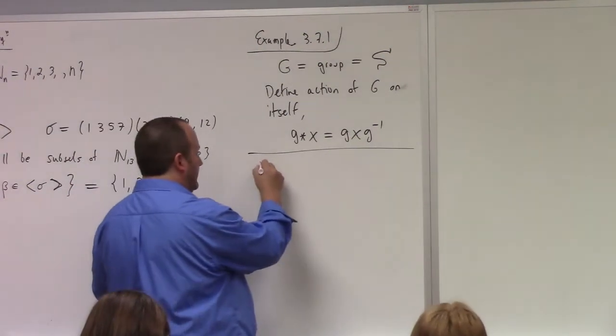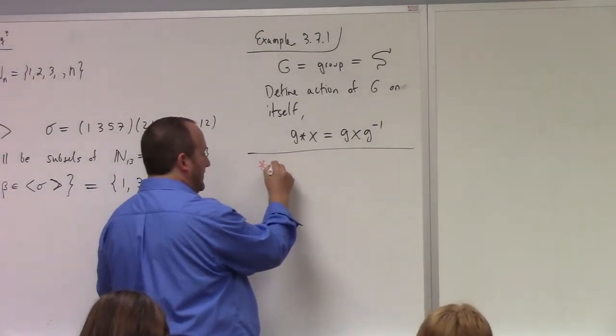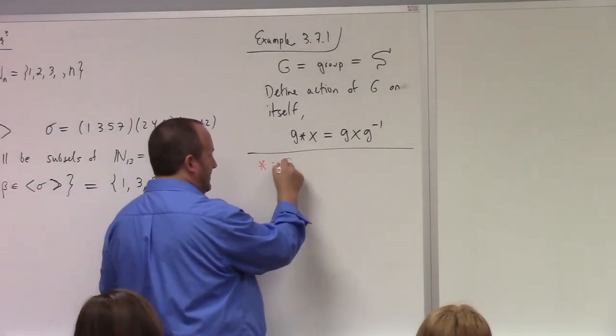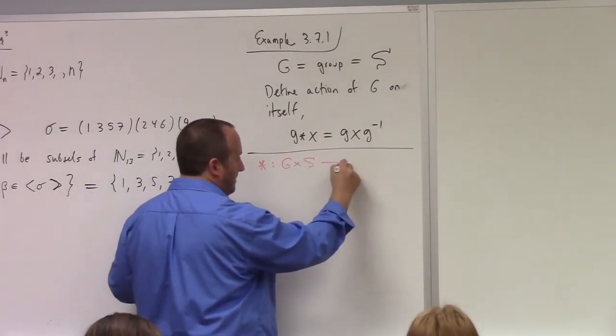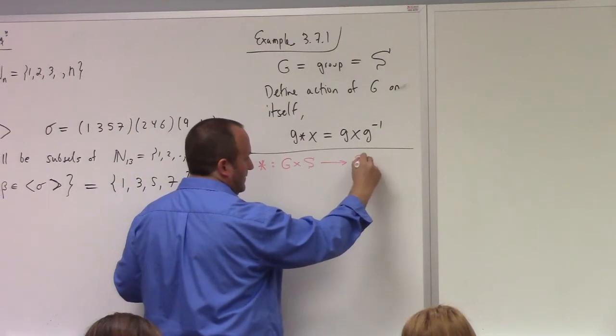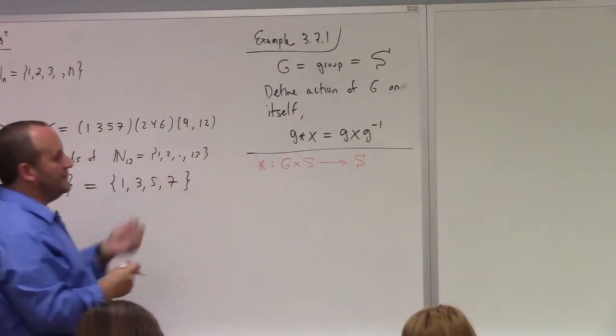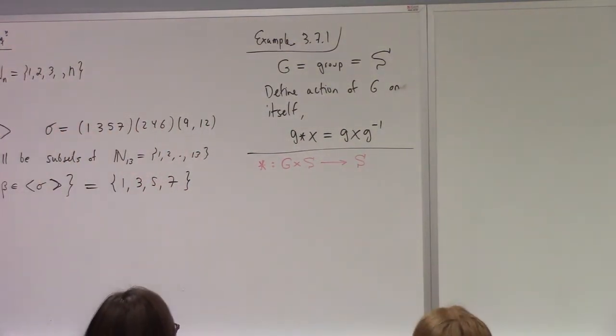So there really are 3 things. The first thing that you sometimes forget about is that it has to take pairs from G cross S and map them to what again? S, right? But in this case, S is equal to G, and does the conjugation of a group element by a group element give you back a group element again? Yeah, it does. So at least that's well defined.